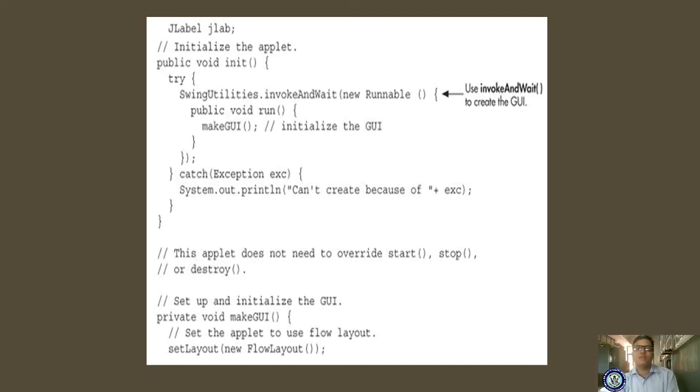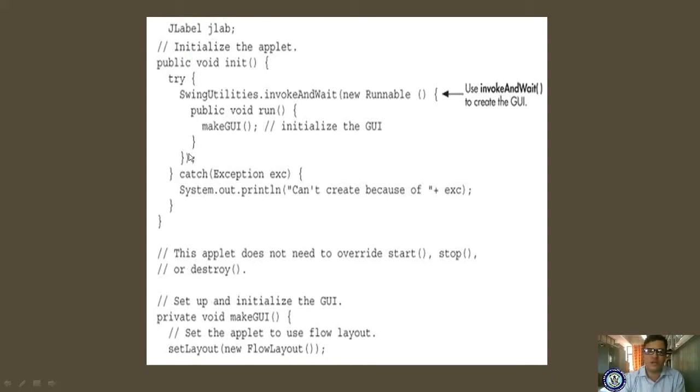In the run method you are calling the makeGUI method. makeGUI is a user defined method. We have to define this GUI method. Here this method ends, and here this method ends, and here this invokeAndWait method ends. The initialization ends here. This is exactly what is called an anonymous inner class.